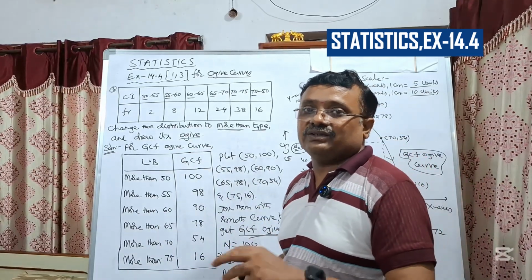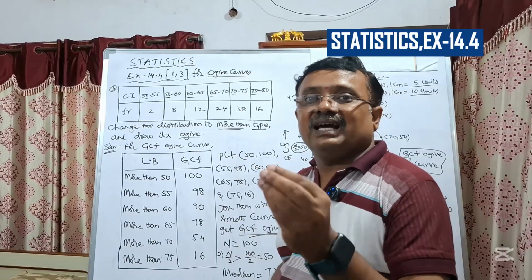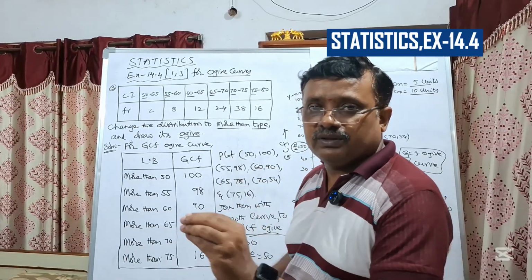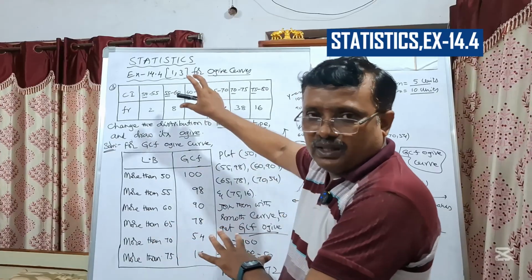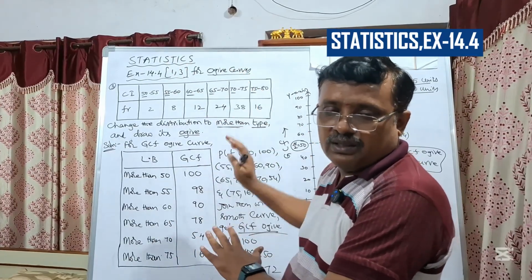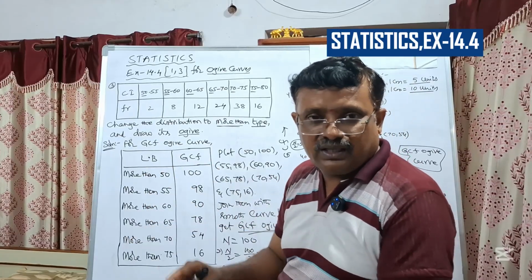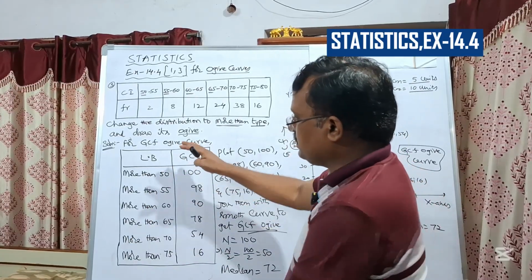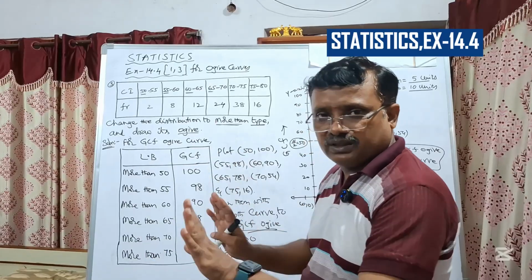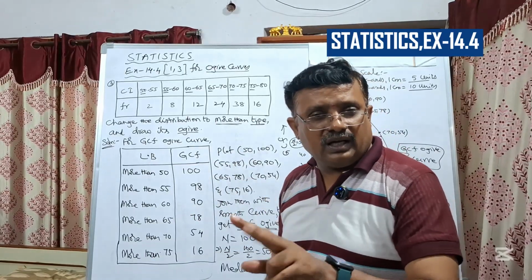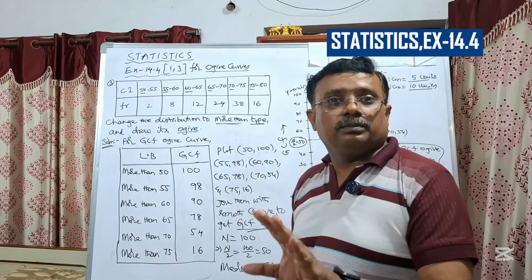In the same way they will ask you to prepare a less than type cumulative frequency distribution table from the grouped frequency table. As we prepared a table in the previous question, in that way you just prepare the table, you will get 2 marks, enough. So those kinds of problems are also important for us.